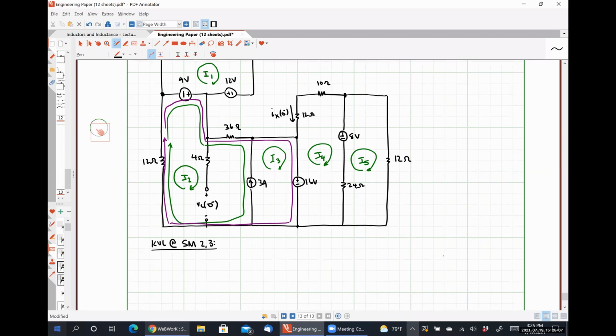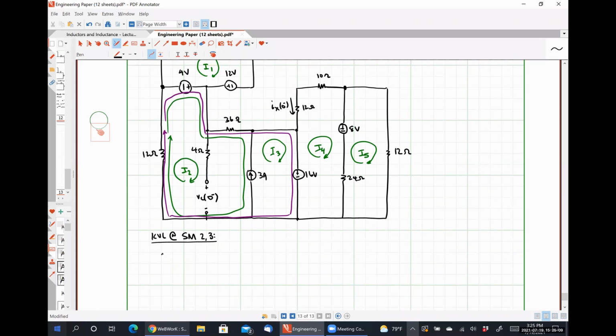Starting at the bottom left-hand corner, I see my 12 ohm resistor and a mesh current of I2 is flowing through it. Then I see the negative polarity terminal of my 4-volt source. Then I see my 36 ohm resistor and a mesh current of I2 is flowing through it.